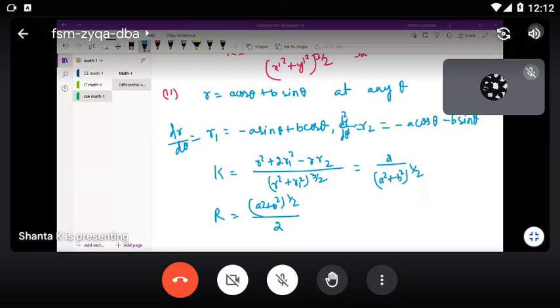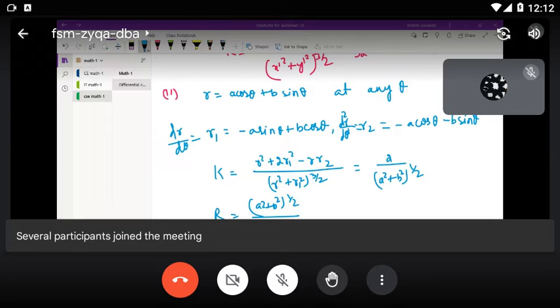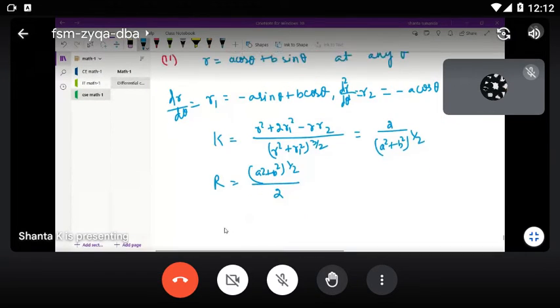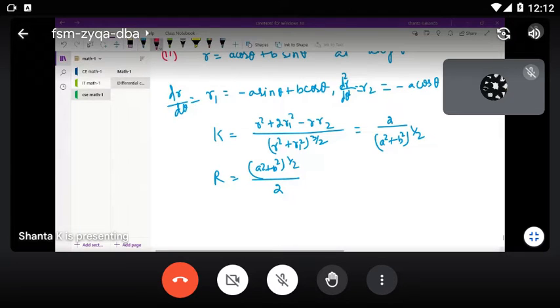So you find the curvature and radius of curvature.